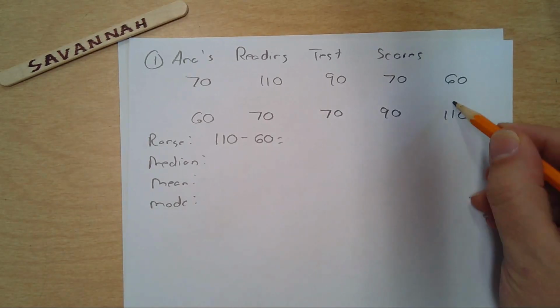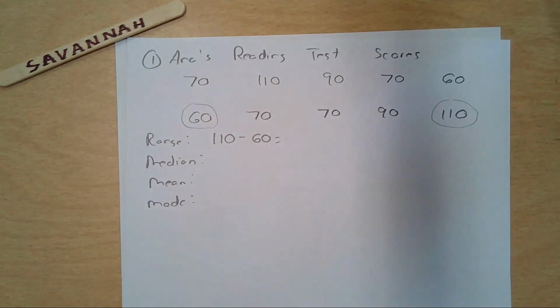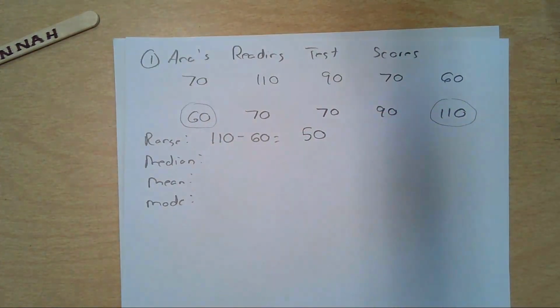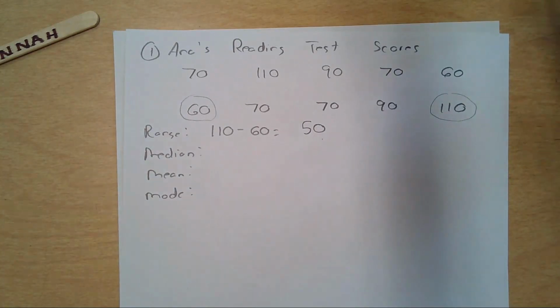Because I take my biggest value, which is 110, and subtract my smallest value, which is 60. 50. There's my range right there. So that's my range, 110 minus 60. Greatest value, subtract smallest value, 50.